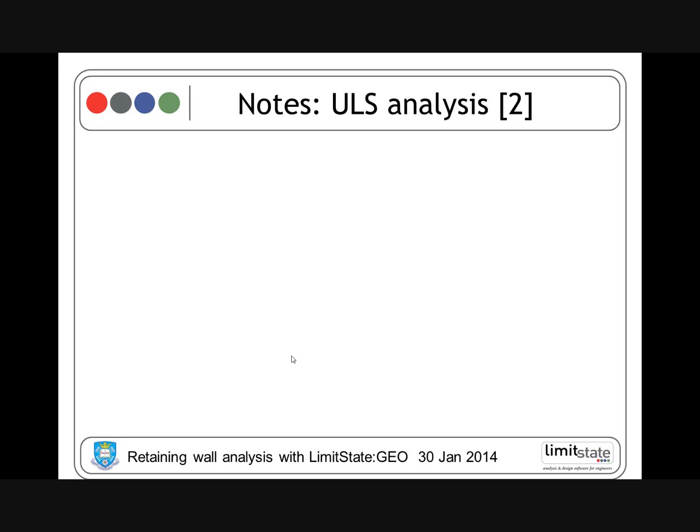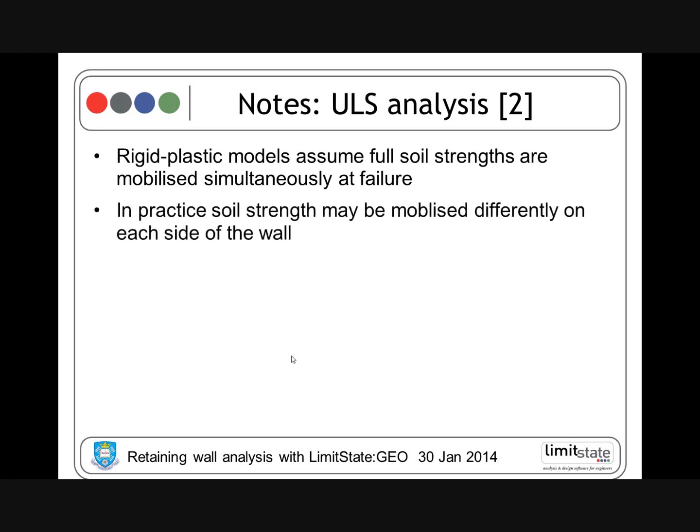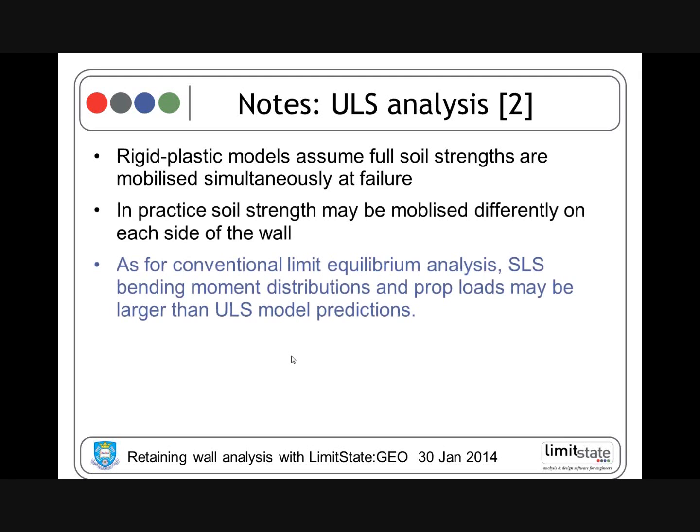And just again to reiterate some of the issues that are present in all limit analysis or limit equilibrium analysis. We're using a rigid plastic model here, so we're assuming full soil strengths are mobilized simultaneously at failure, both passive and active. But in practice, certainly at working loads, they may be mobilized differently. So as we know for conventional limit equilibrium analysis, serviceability limit state bending moment distributions and prop loads may be larger than predicted by the ULS model.